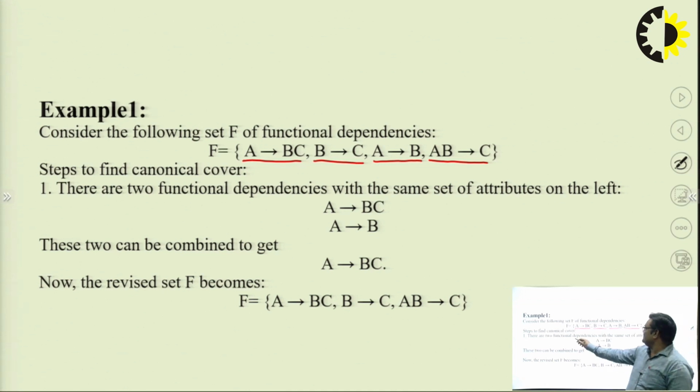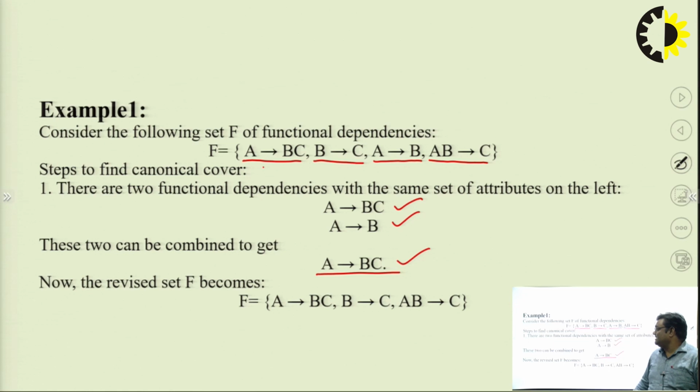There are two functional dependencies with the same set of attributes on the left. We see that A to BC and A to B. These two can be combined to get A to BC. If we have A to BC, then we can also have A to B. Then the same thing comes, A to BC.